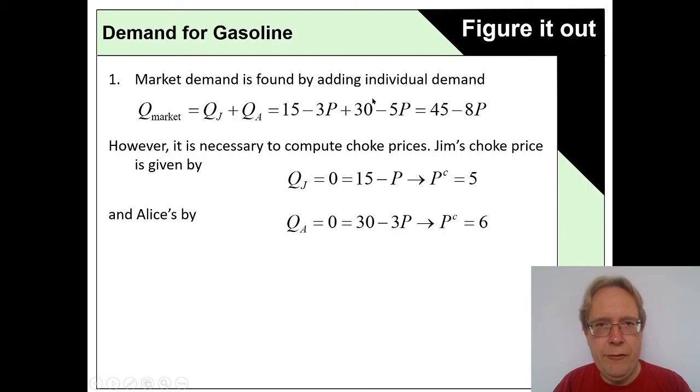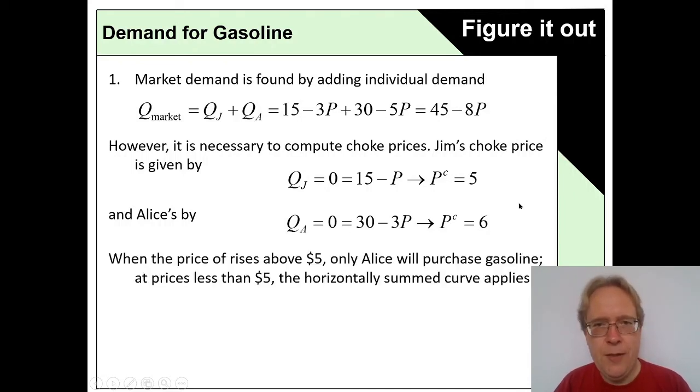For Alice, however, Alice had this part of the demand function also here. If you put that equal to 0, you get that her choke price is equal to 6. So at prices between 5 and 6, this is not the relevant market demand, because at prices between 5 and 6, only Alice has a positive demand. So we only have to look at her demand function.